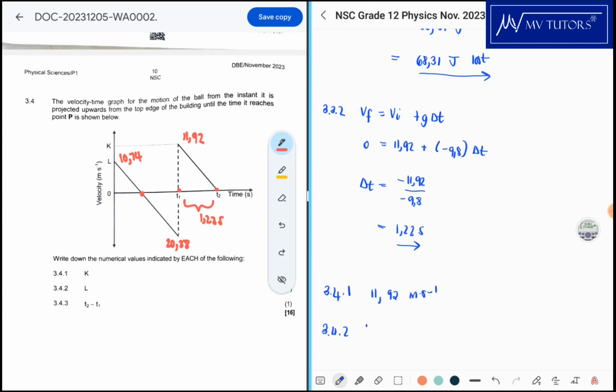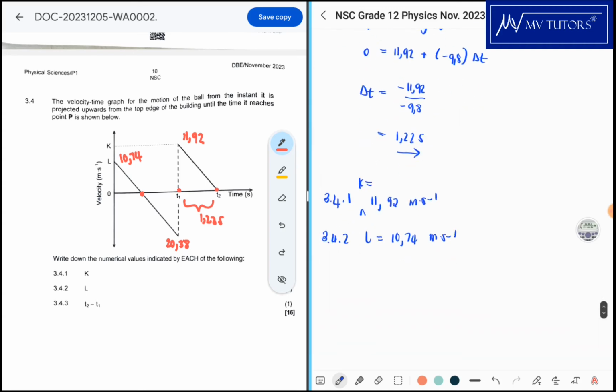And then the last question, 3.4.3, the difference between time 2 and time 1. That is 1.22 seconds. So that's basically the end of question 3. Thank you for joining us. See you in question 4.